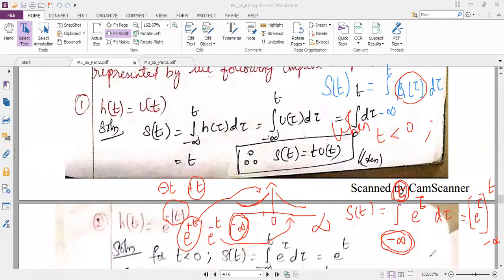So is it too difficult finding the answer here? Yes, Ambika, what is the answer now? E power t, ma'am. So e power t is the answer, right? So e power t is the answer.